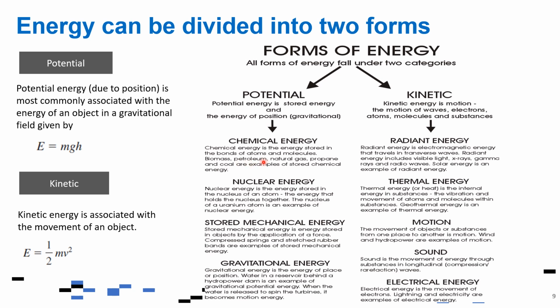Petroleum has a stored chemical energy. And basically, fossil fuels have stored chemical energy. Coal also has a very high energy density. Nuclear energy is also stored in the nucleus of an atom, so it has a very, very big energy density.